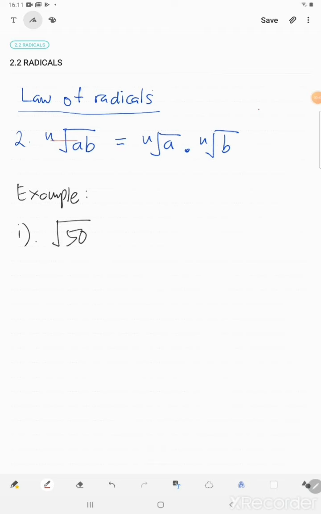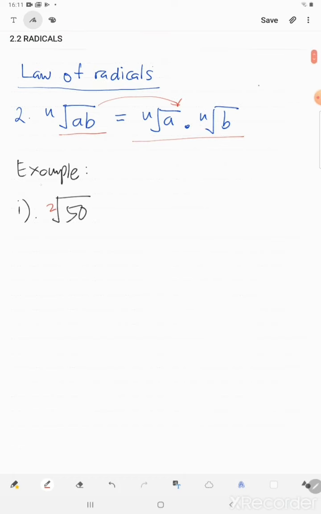This is law number 2. When we have the nth root of a times b, you can also write it separately, meaning the nth root of a multiplied by the nth root of b. Example 1, we have the square root of 50, so n is equal to 2.